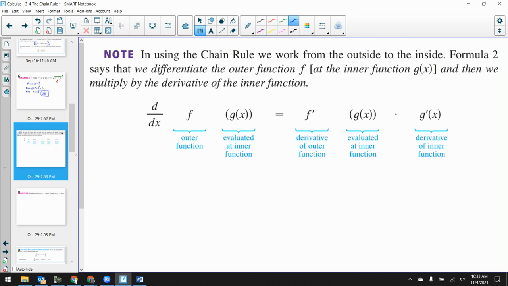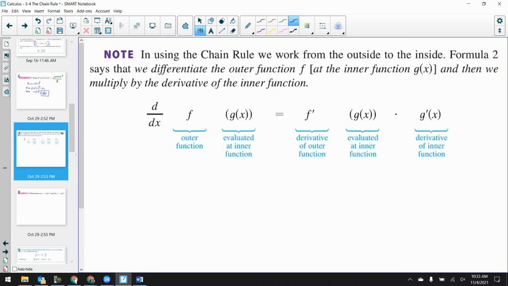All right. Again, this is just another representation of the chain rule. In using the chain rule, we must work from outside in. If I've got d over dx of f of g of x, a composite function, you're basically finding the outer function's derivative, f prime of g of x. That's a tricky piece here.